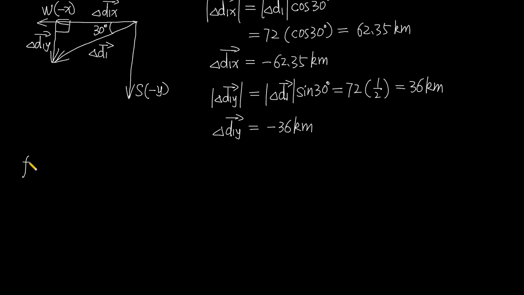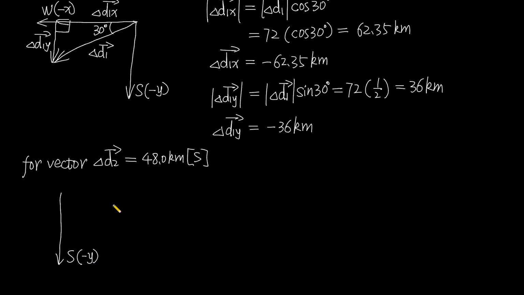Now, for vector delta D2, delta D2 is 48 kilometers. The direction is south. So this direction is south, also negative y direction. And this is the vector delta D2.